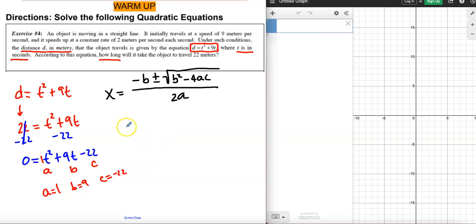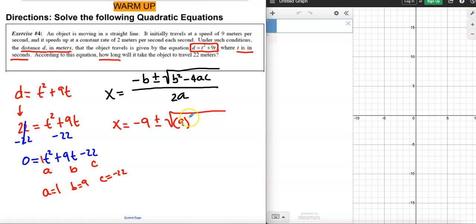So I come over here and substitute these values into the quadratic formula, and I get x is equal to negative 9, because there's a negative in the formula, plus or minus the square root of b. I'm going to put this in parentheses.